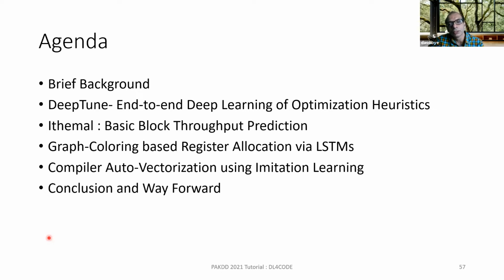A graph coloring based register allocation, which is our work for doing register allocation. And then compiler auto-vectorization using imitation learning, once again from Charith and Professor Amarasinghe. And then I'll talk about my view of things in this space and what we can see going forward.